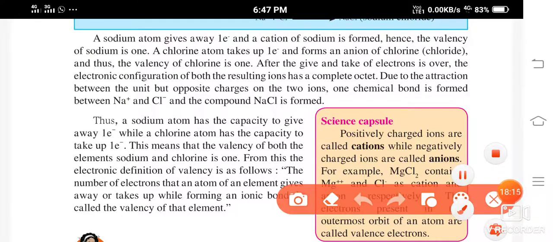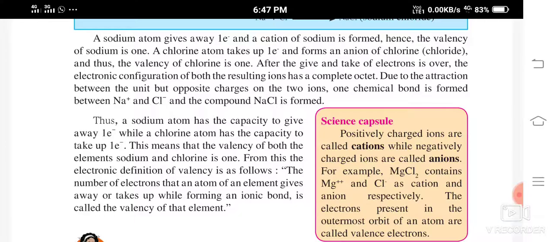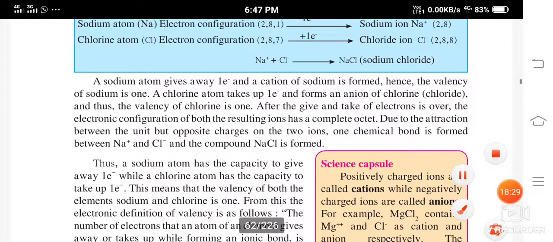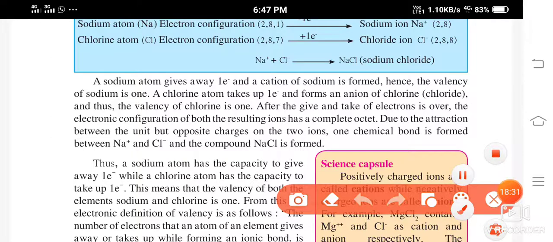Now see, let me explain this to you with the help of a structure. Sodium, the electronic configuration is 2, 8 and 1, right? Yes, 2, 8 and 1.